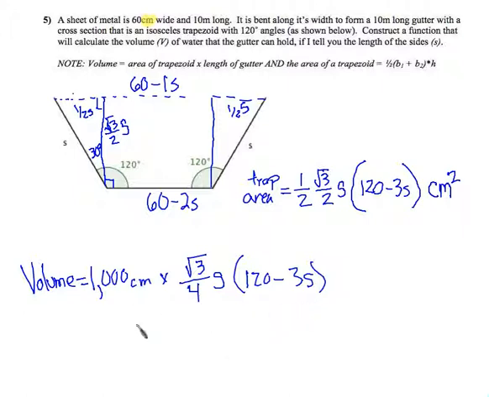You could write this as 250, this is probably the cleanest form, times the square root of 3 times s times the quantity 120 minus 3s. And we're done.